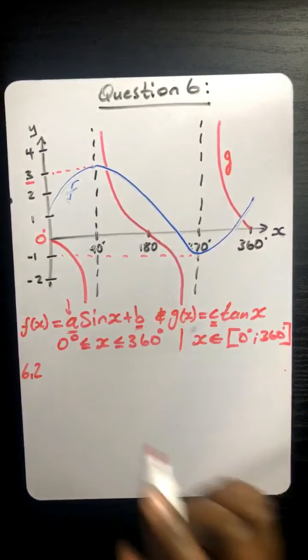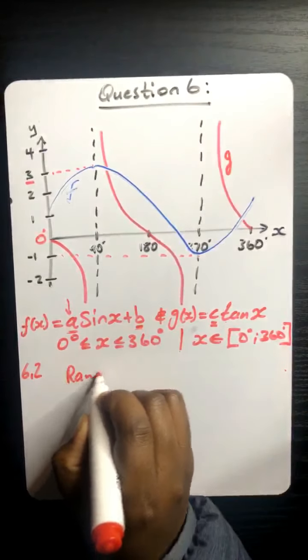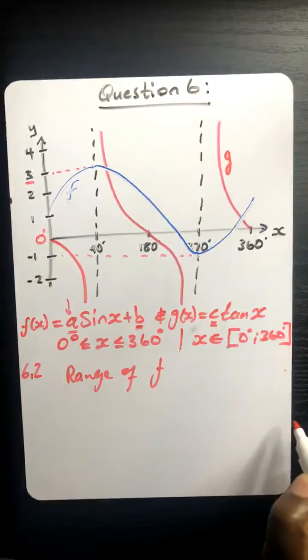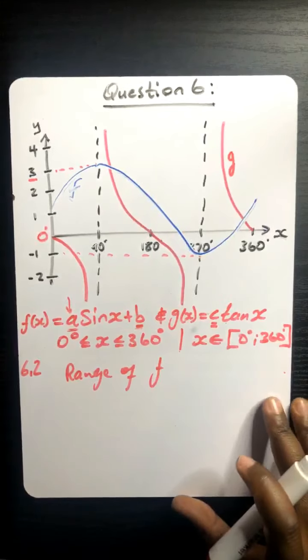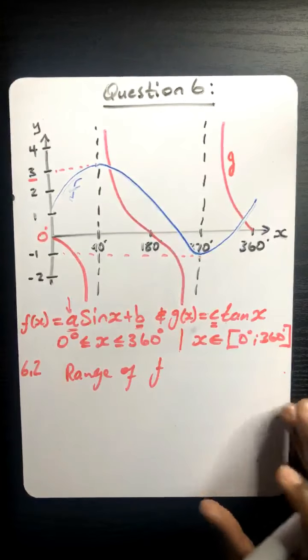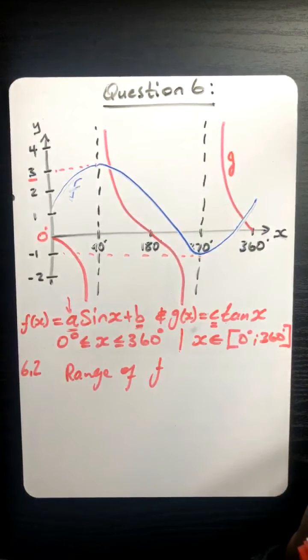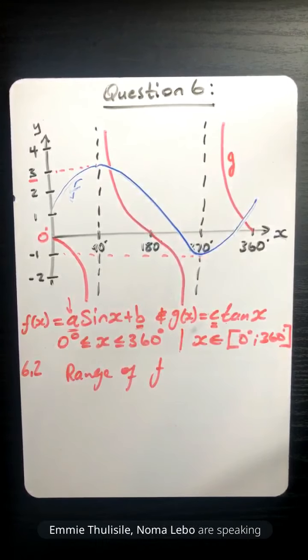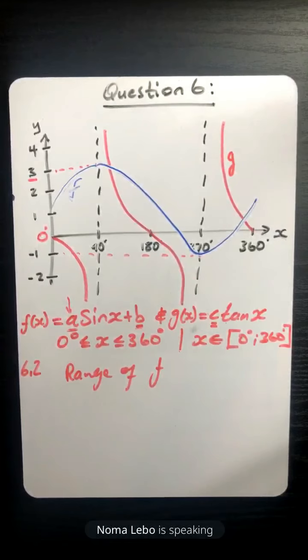Write down the range of f. Lebogang, usacabanga lapho noma cha? Or awuyazi impendulo yalo mbuzo? Awuyazi? No idea.